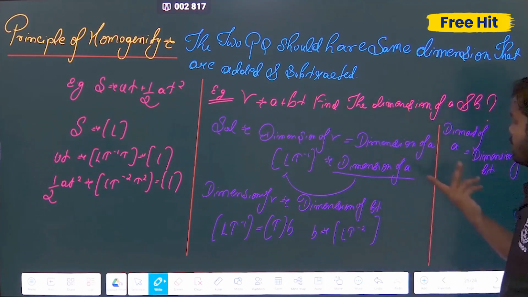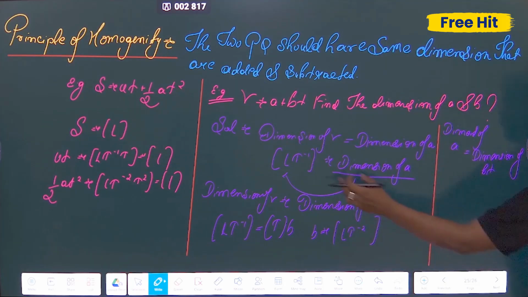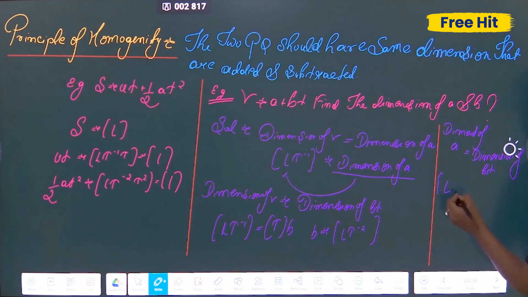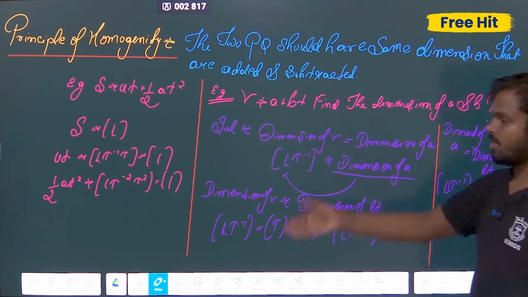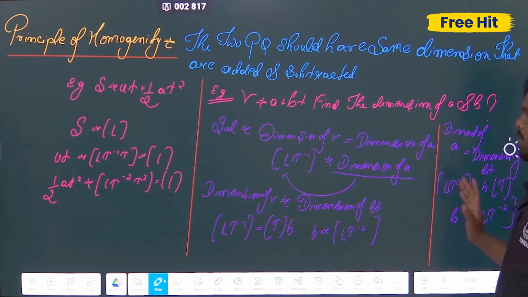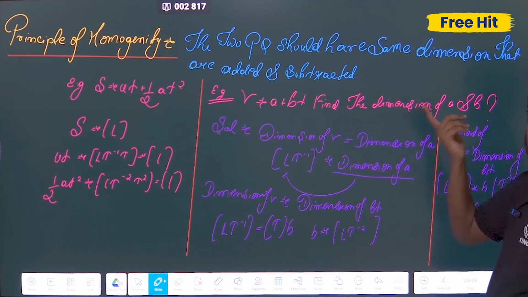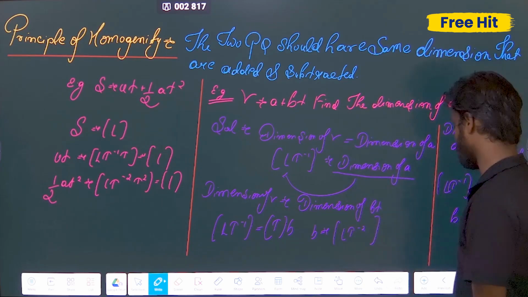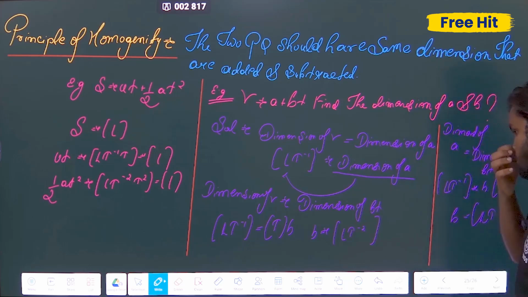Yes or no? What is the dimension of A? That is LT minus 1. And the dimension of BT? I don't know the dimension of B, T dimension is T. So from here also we will get the same answer, that is LT minus 2. So either you do it this way or that way. Both ways you will get the same dimension of B, and the dimension of A is very simple. Any doubt? Okay. No issues. Proceed further.